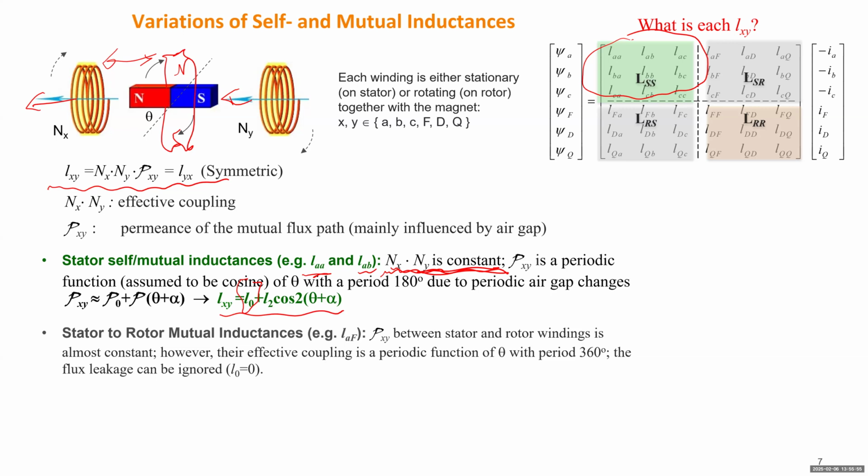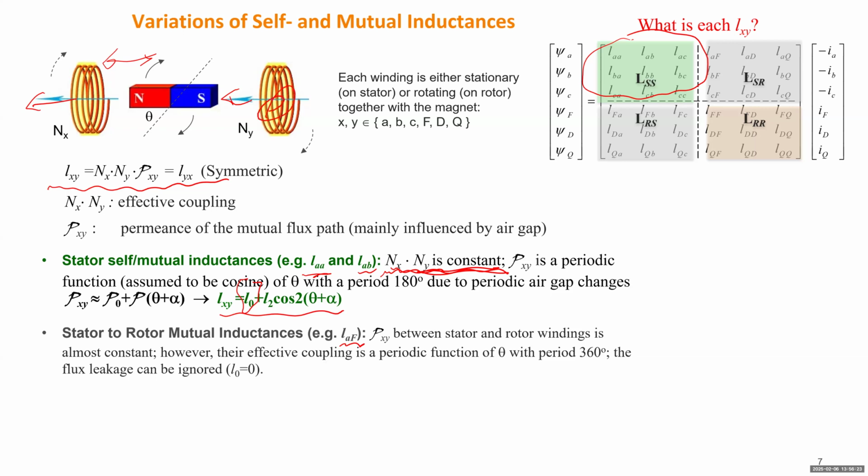Okay. So next we'll move to the stator to rotor mutual inductances. Such as LAF, where A is from the stator winding A, and F is from the field winding. So for this case, one winding will be on the stator, and the other will be on the rotor.